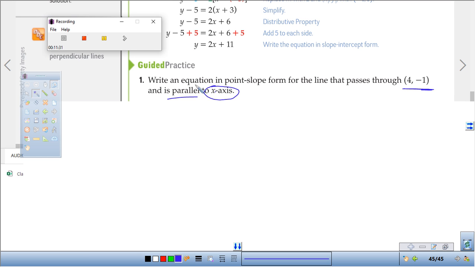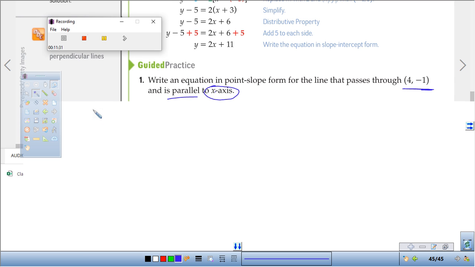Does anybody remember the slope for the x-axis? Anybody know it? Anybody know how to figure it out? I'm looking at the chat, guys. Come on. We got to hurry up. We got to wake up here.